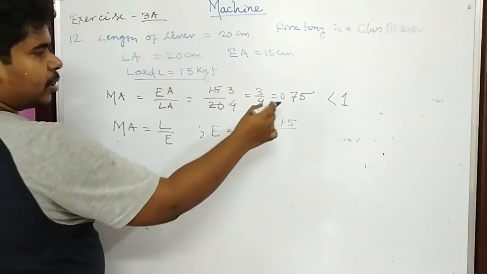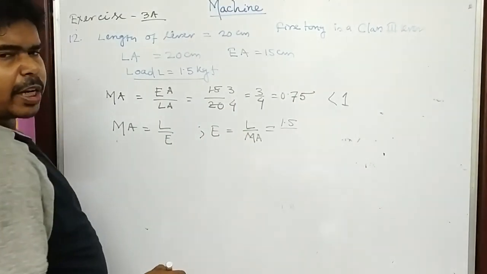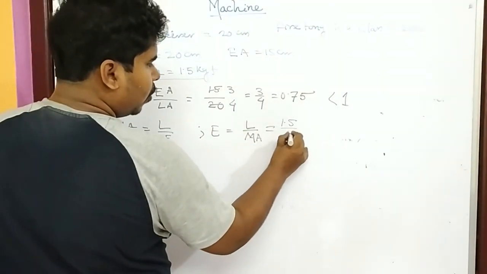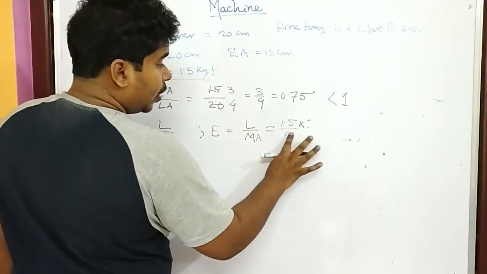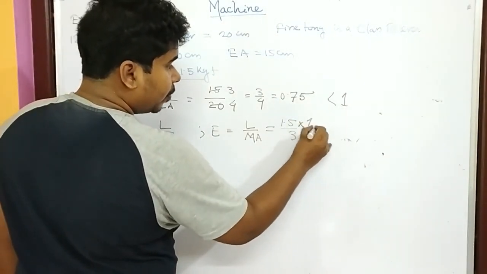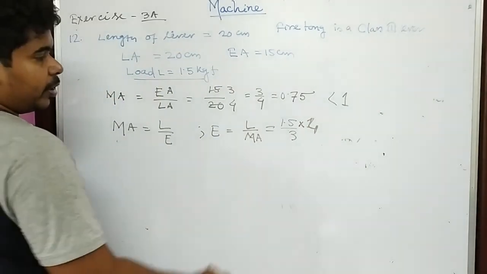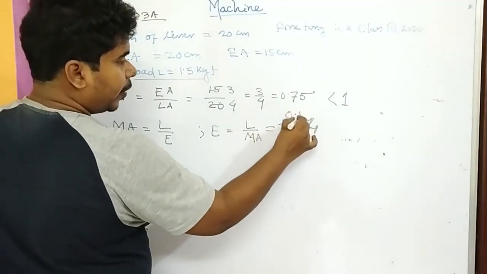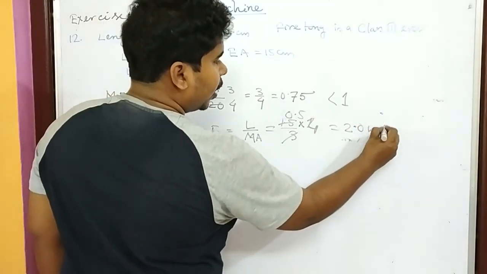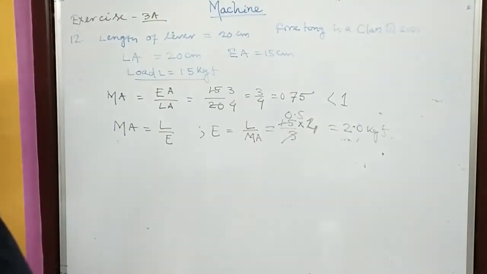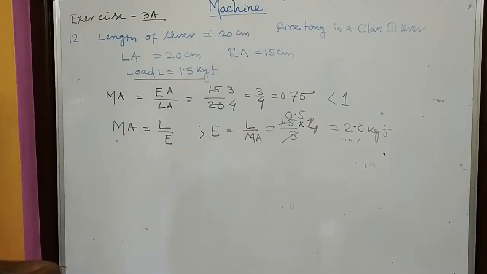It is given in decimal, so you take the fraction, it is easier to calculate. So 3 by 4, 4 will come here. So it is 2.0 kgf. So your effort will be 2 kgf, and by that you can lift a load of 1.5 kgf.